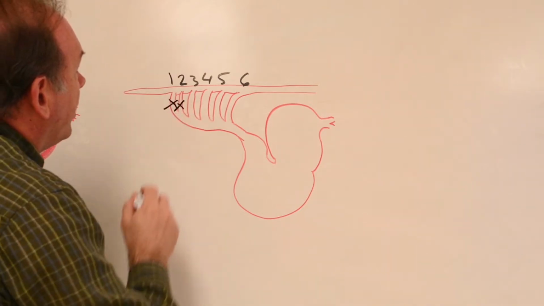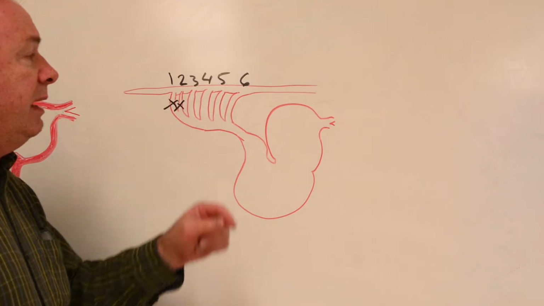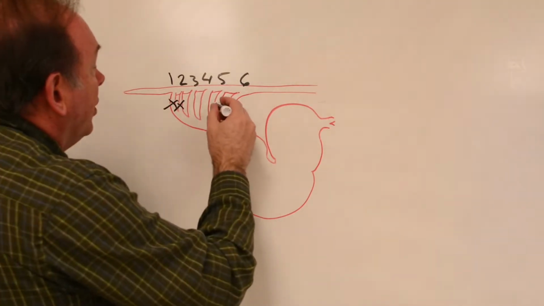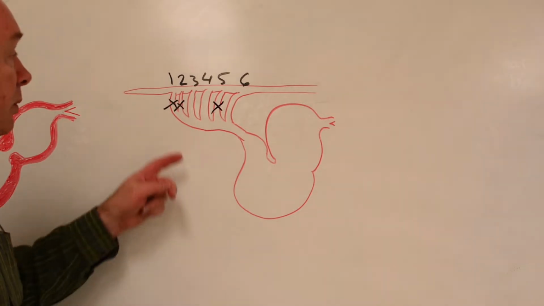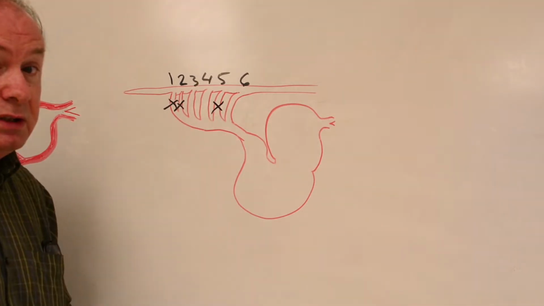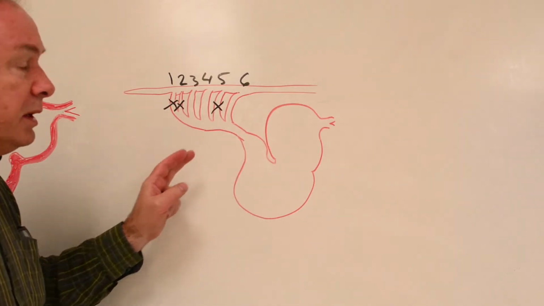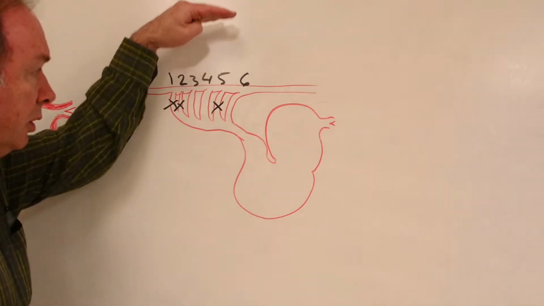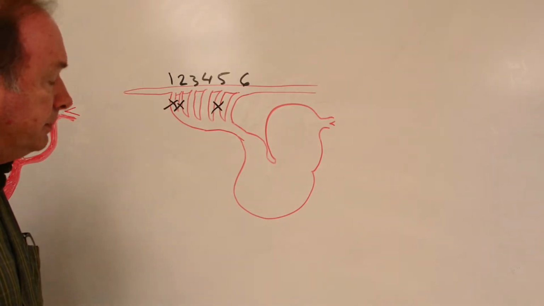Aortic arch 1 and aortic arch 2 drop out first. So we have 3, 4, 5, and 6, and then fairly soon we're going to see the loss of number 5 as well. So we're going to have 3, 4, and 6, and we're going to leave this viewpoint and go to a dorsal look, looking down on the developing aortic arches next.